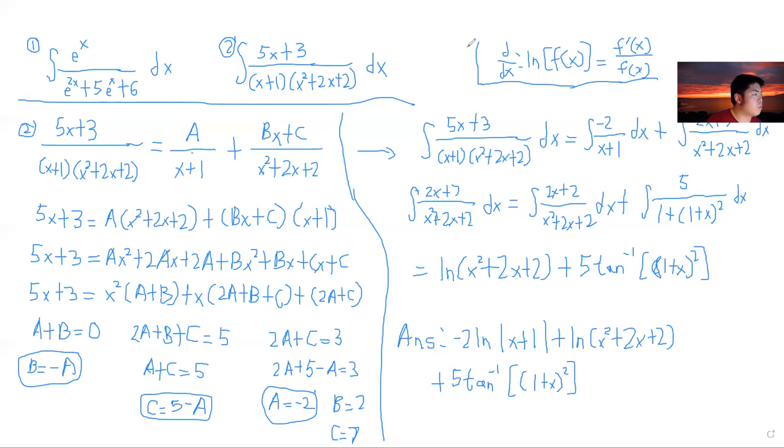Now there's also one more case that one of my friends has specifically asked me to do a video on. What if you have something like a over something else times x squared? How do you deal with this x squared?